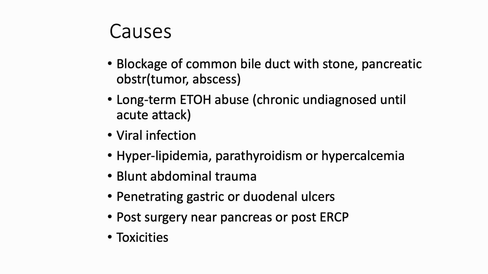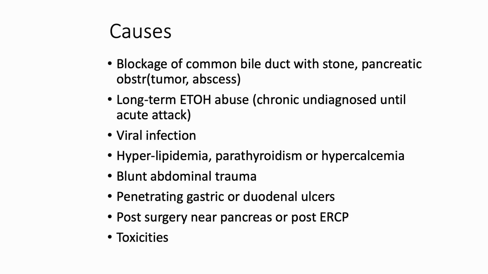So causes of pancreatitis, you can have blockage of the common bile duct with a stone. We talked about stones previously. You can have an obstruction, which would be a tumor or a possible abscess. Again, long-term alcohol abuse, and this can be undiagnosed until the patient has an acute attack. Some viral infections, Coxsackie virus, the mumps can cause pancreatitis, hyperlipidemia, hyperparathyroidism, often blunt abdominal trauma.